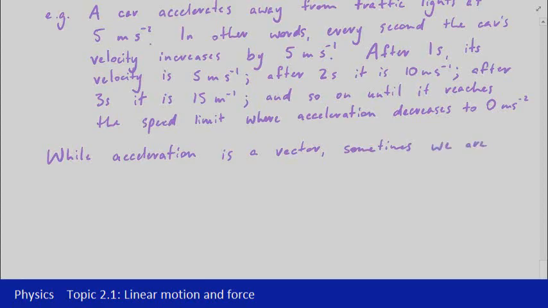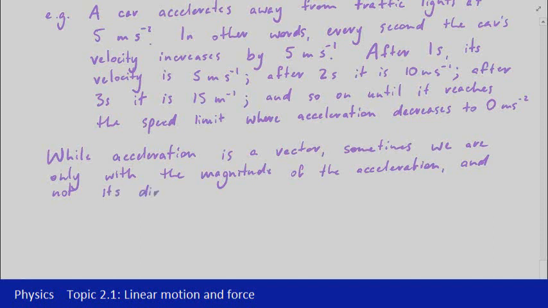So sometimes we are only concerned with the magnitude of the acceleration, and not so much its direction. And an example of that would be, say, circular motion, where the size of the acceleration is the important thing, because the direction of the acceleration actually changes as the object moves around a circle.